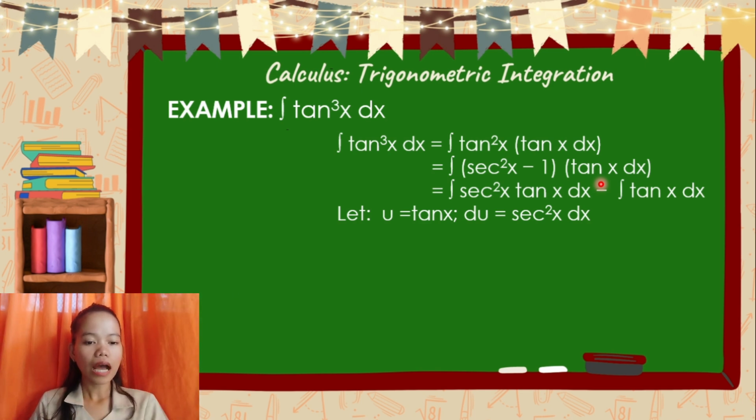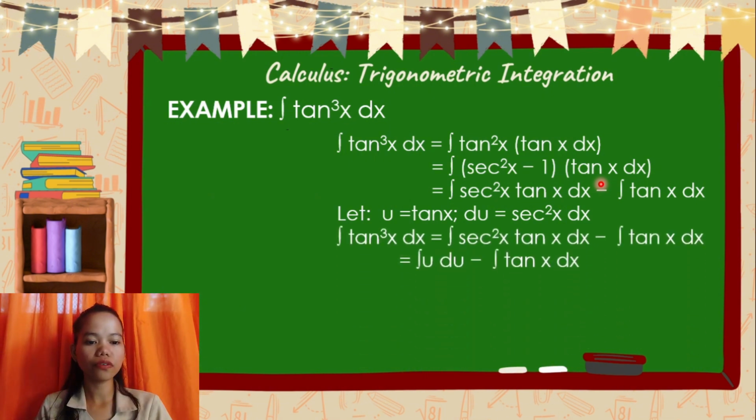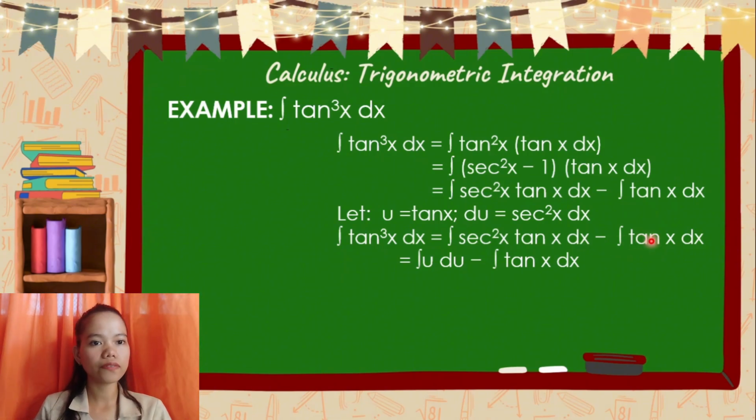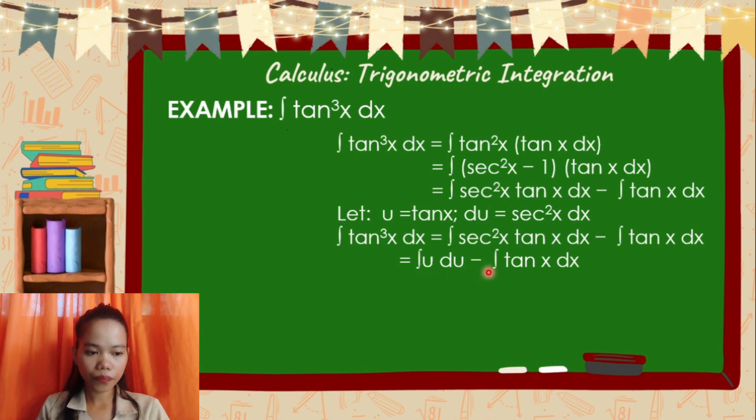So the integral of tangent cubed of x dx equals the integral of secant squared of x tangent of x dx minus the integral of tangent of x dx. Since we apply the u substitution, we have the integral of u du minus the integral of tan x.